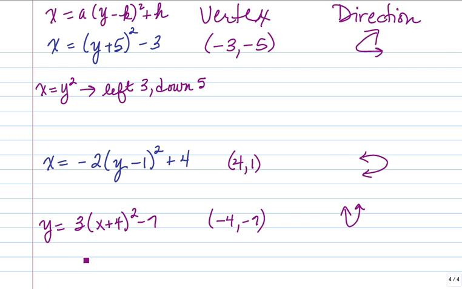Okay, and then the other thing that we've talked about related to this topic is circles, right? x squared plus y squared equals a number, so you have to deal with the center and the radius. So I know all these things can get real confusing. So here's one last slide that I'll talk about.